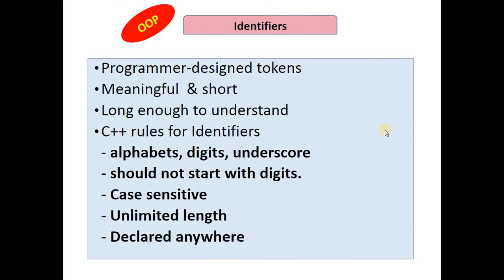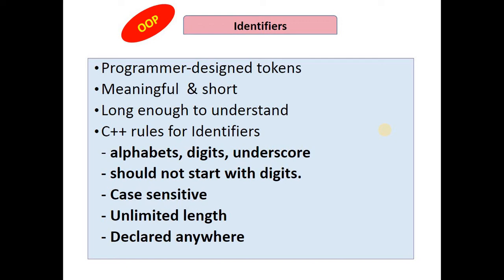Then the identifier. These are programmer-designed tokens which have meaningful names and are usually short. They can also be long enough if you want to understand better. But there are certain rules for defining C++ identifiers. Identifiers should consist of alphabets, digits or underscore. They should not start with a digit.